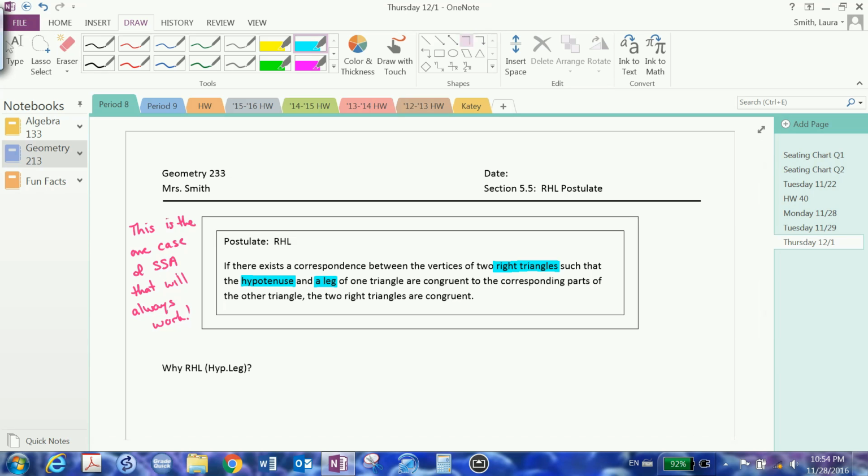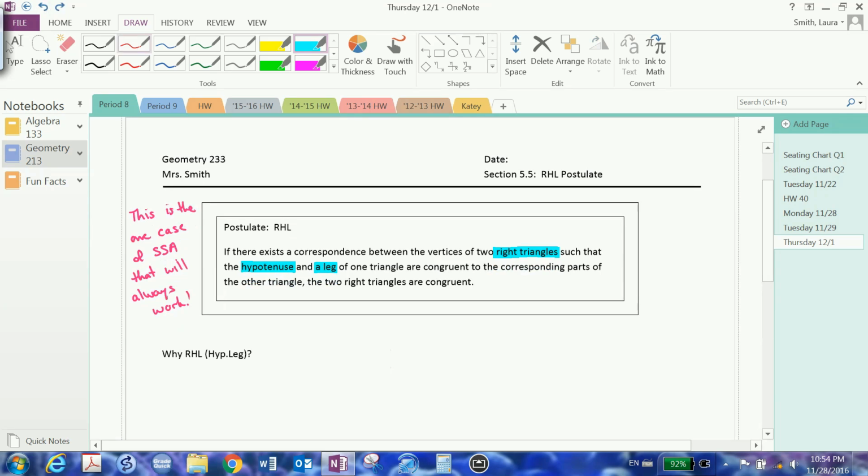So if we're looking at two triangles, oops, I guess I can't draw with a highlighter. If we're looking at two right triangles, if we know that the hypotenuse is congruent, then it doesn't matter which of the two legs, provided that it's the corresponding legs.